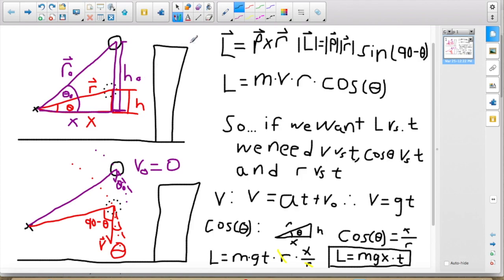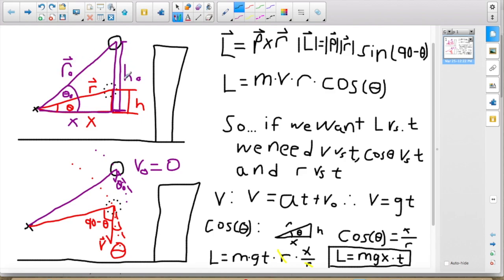First of all, what I've done here on the left is I've drawn the picture twice, each picture representing different information about the problem. To start with, we have the ball at its initial height, and I drew a triangle. The hypotenuse of that triangle is the distance from point P to the ball, which I called R naught.